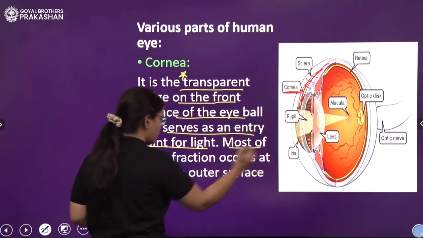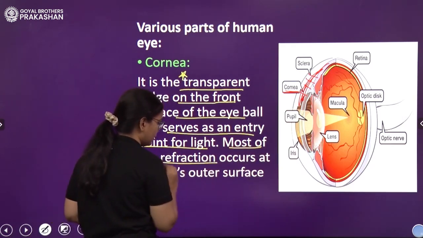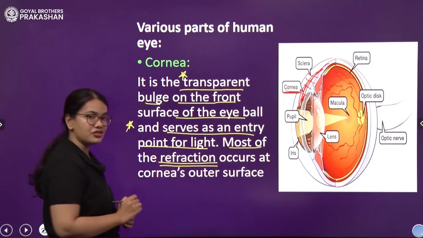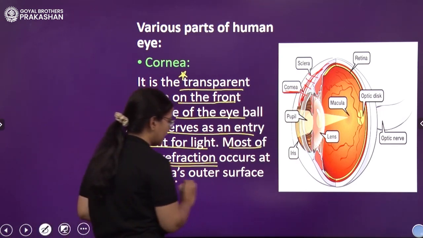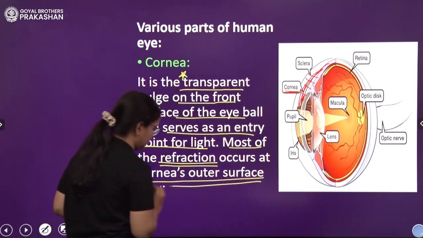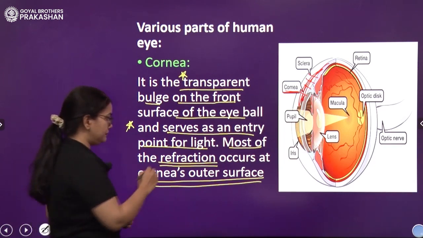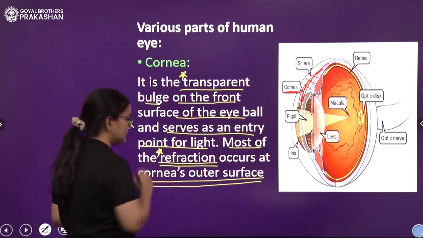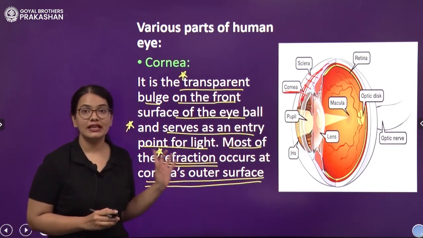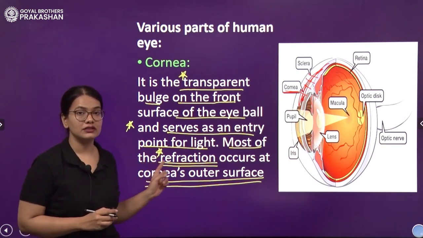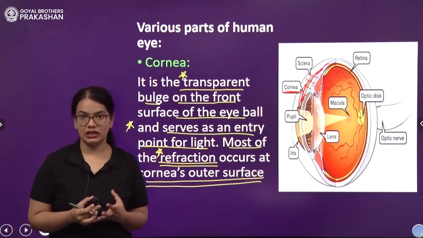Next, most of the refraction occurs at the cornea's outer surface. This is very important. Now see, why does refraction occur?